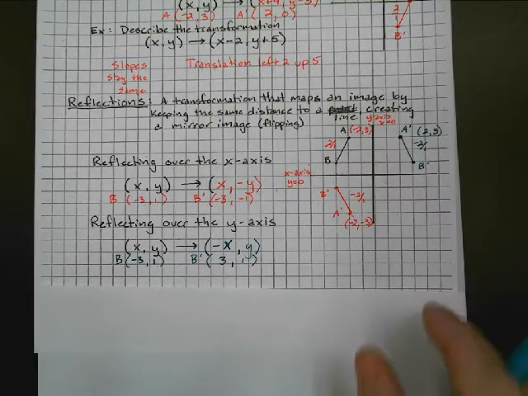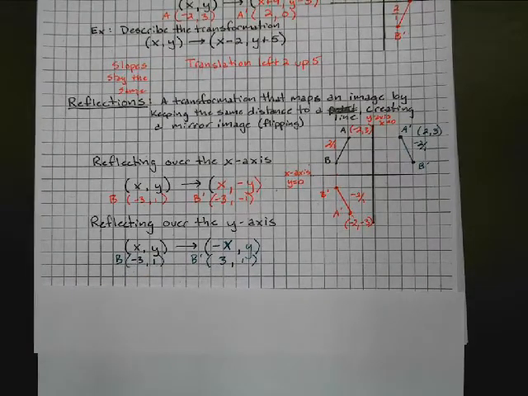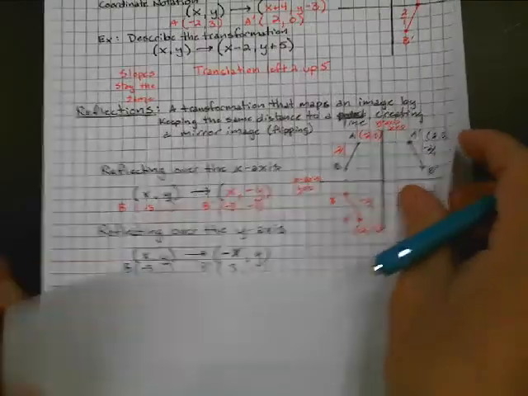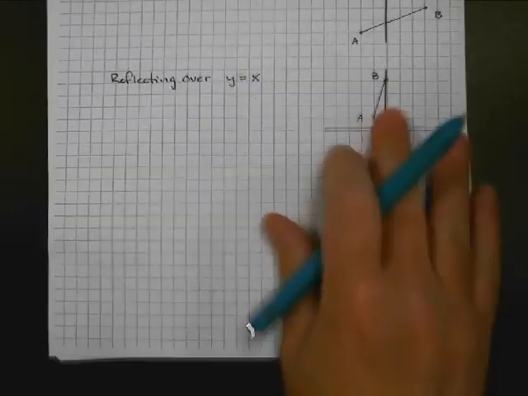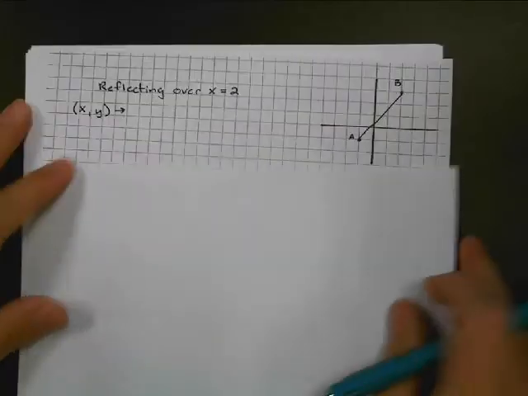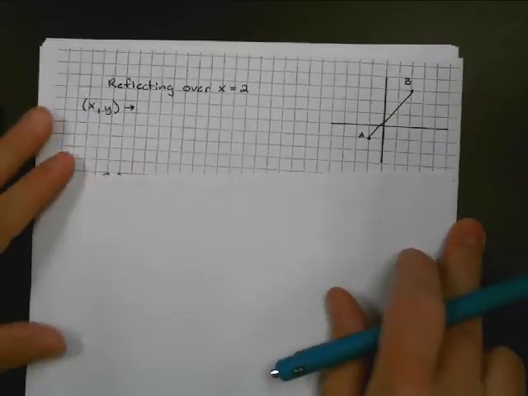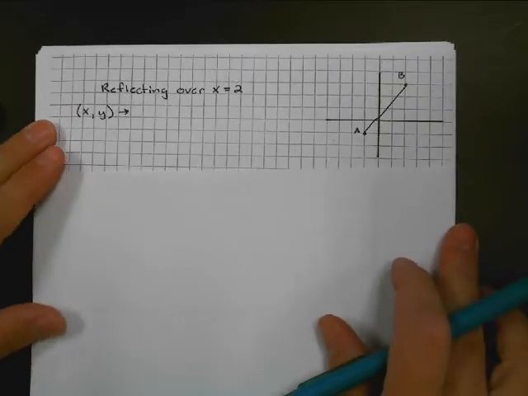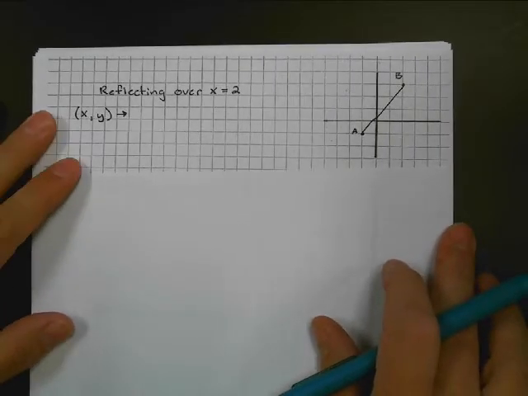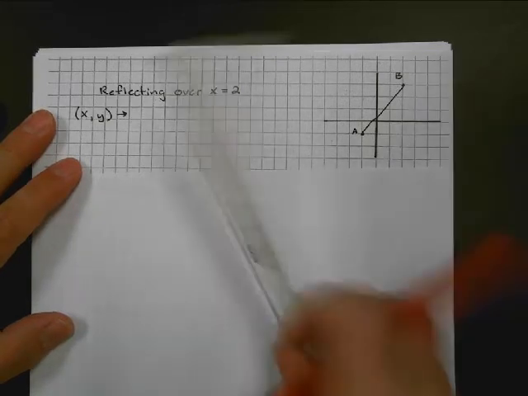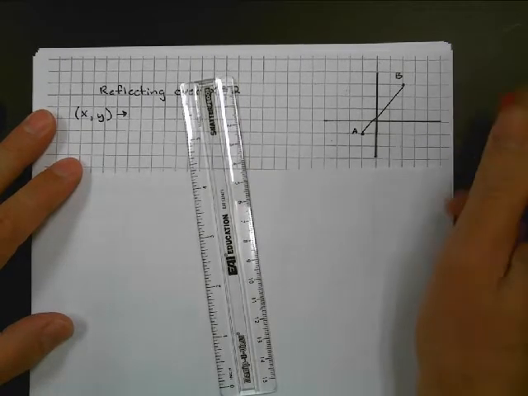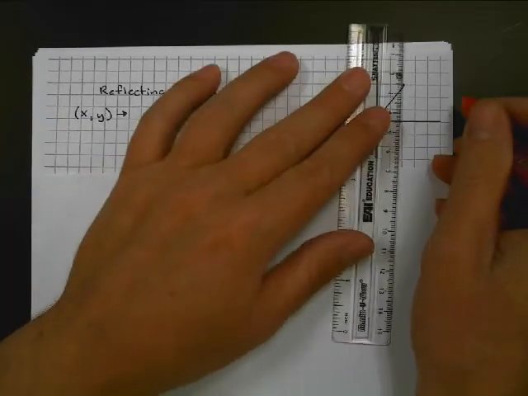All right, we can do some other interesting things with these. So let's look at what happens when we reflect over different things other than the axes. So here we go, reflecting over x equals 2. Okay, x equals 2, what is that? Well, x equals 2 is simply a line where x is always 2. Where would that be?